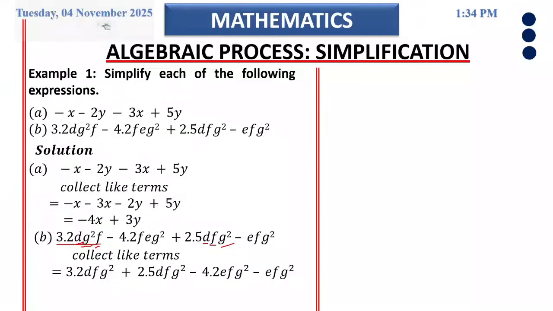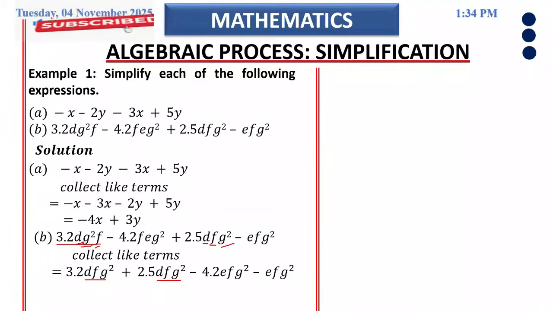When you're bringing them together, it's expected of you to rearrange them to look alike. You can see we did not add anything to them, we did not remove anything from them. They are still the same thing, so you can treat them as like terms.